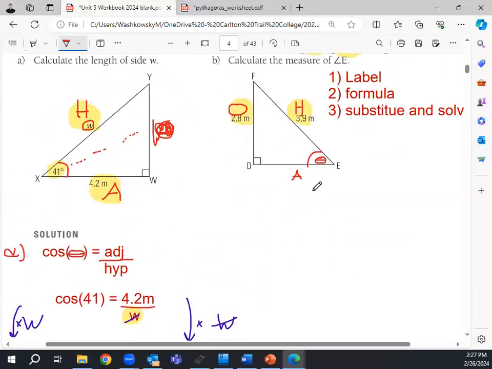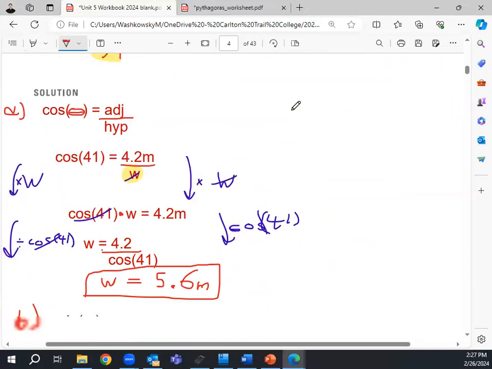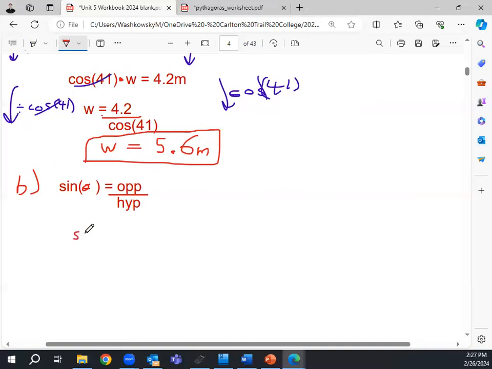I now need to substitute and solve. I know what my O and H are. I don't know what my angle is, so I'm going to leave that how it is. My opposite side is 2.8, and my hypotenuse side is 3.9.